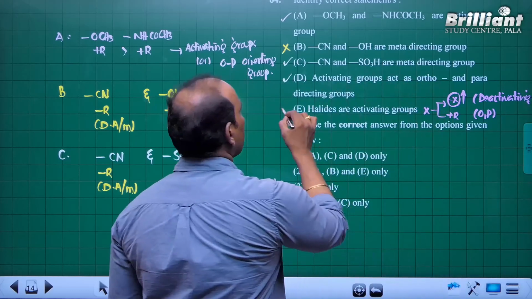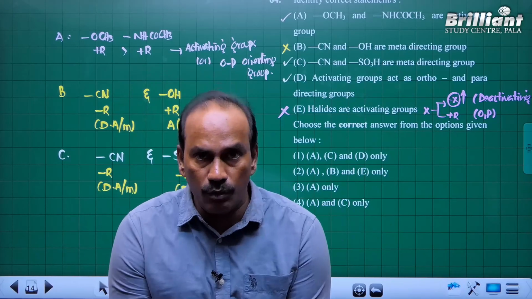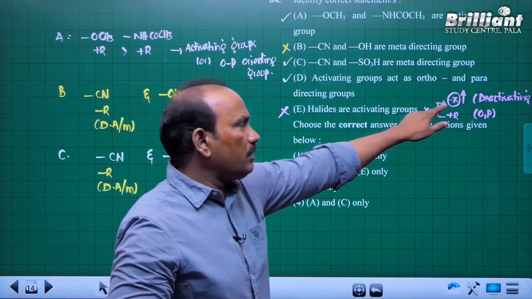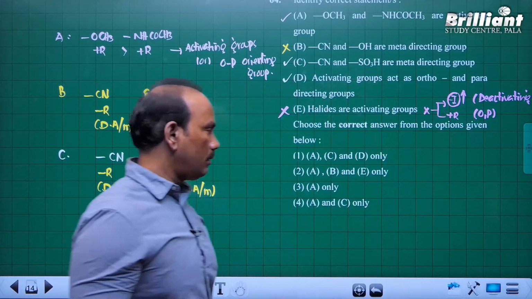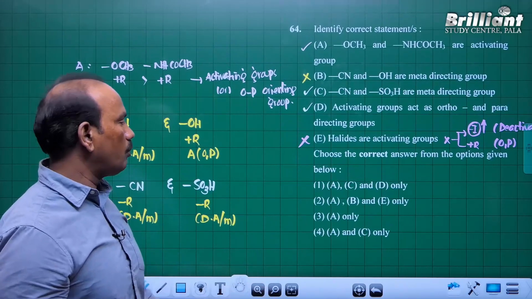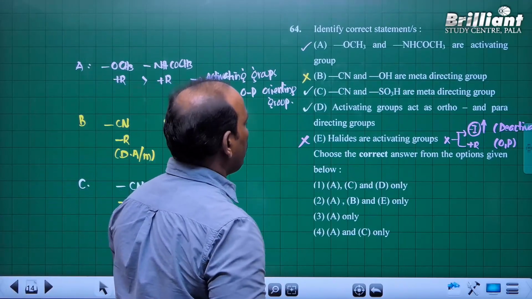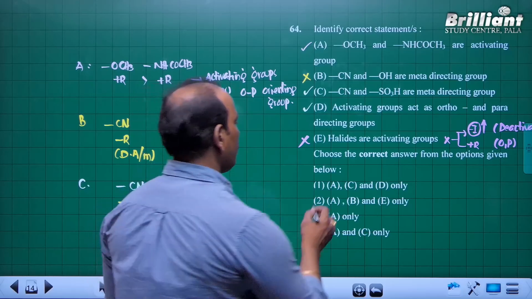That's why this statement is incorrect. Halogens are orthopara orienting groups and deactivating. Okay na? So what is the option for this one? We required correct statements: A, C, D. This is the option.